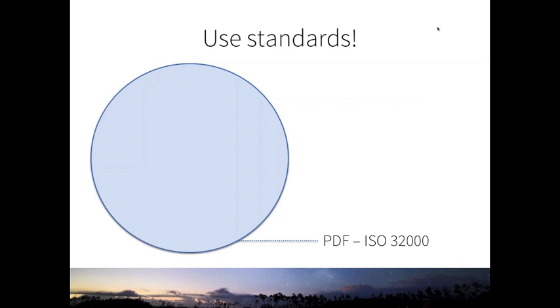It used to be property of Adobe, and it used to be developed by Adobe, and Adobe is the one who invented it in 1993. But meanwhile, PDF has been transferred to the ISO committee, so the International Standards Organization committee, and PDF now is ISO standard 32000.